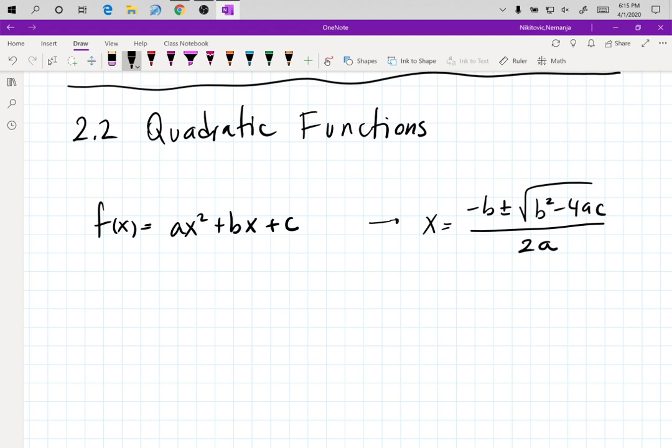But you can't do much more. I mean, you can still find the vertex from this form and all other stuff, but it's just too much work.